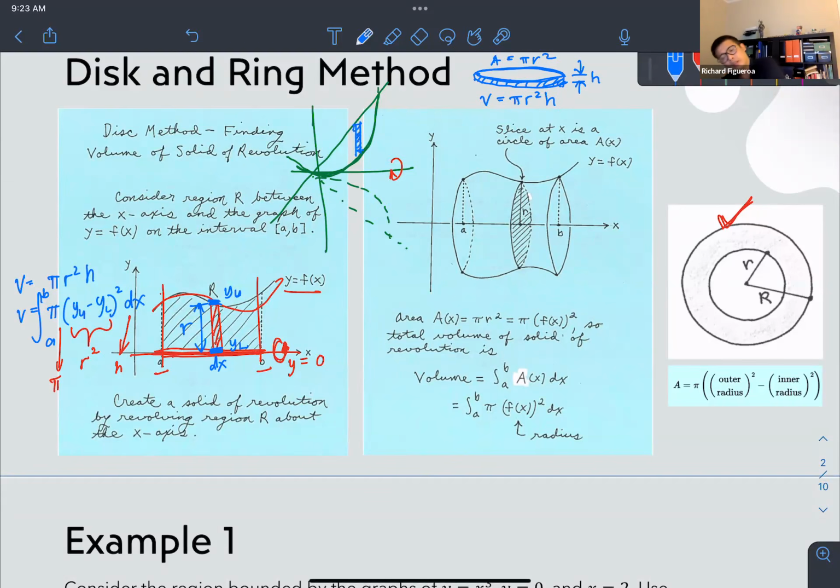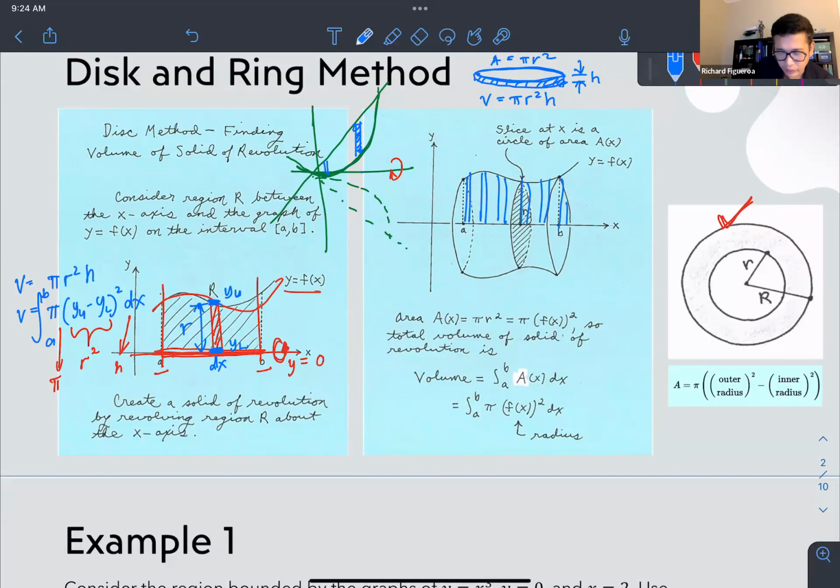And then what happens? This strip does not touch the x-axis everywhere. Wherever you put the strip here, it always touches the x-axis, and in this given figure, probably here it touches.